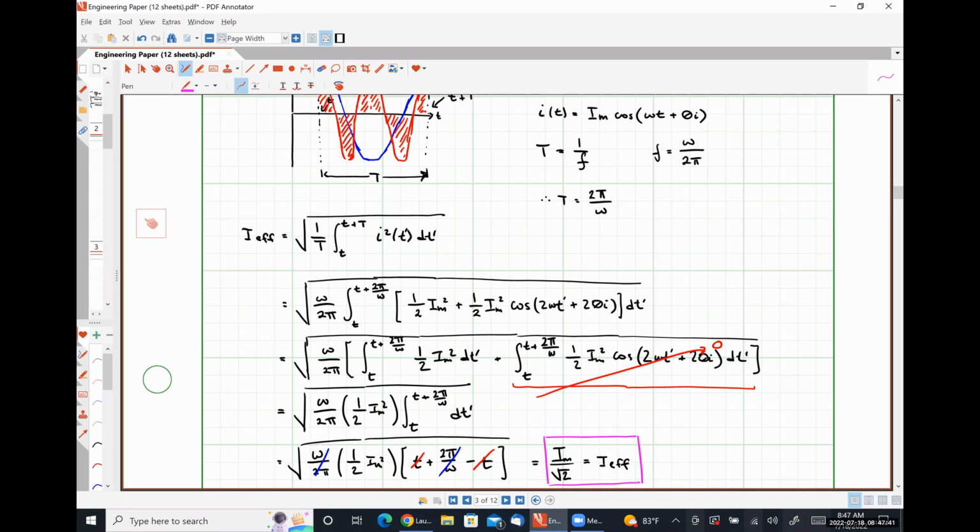Why this is so important is because the effective value of a sinusoidal waveform is simply the magnitude of the sinusoidal waveform divided by the square root of 2. That is independent of the angular frequency. It is also independent of the phase angle, which means here in the United States, where our sinusoidal signals generated by our electric utilities oscillate at a frequency of omega equal to 120 pi radians per second with a phase angle, whatever we start measuring at.